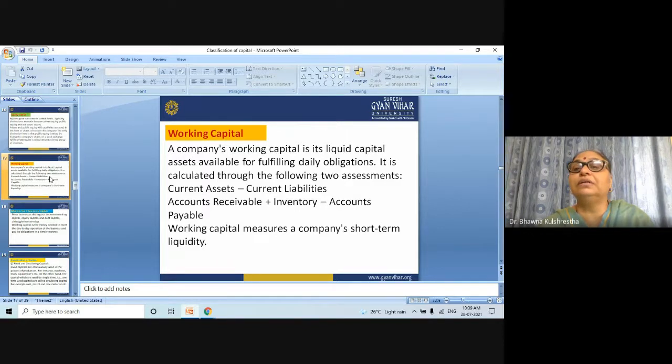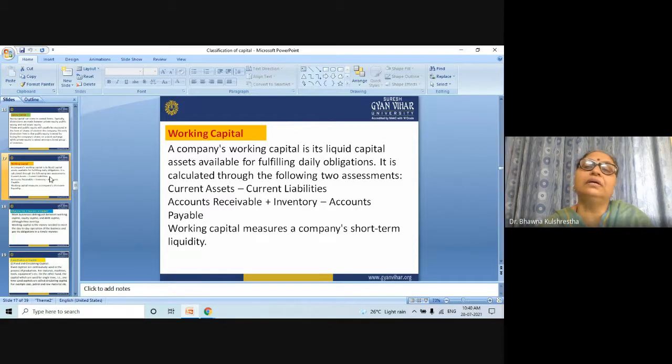Note that working capital is defined as current assets minus current liabilities. A company that has more liabilities than assets could soon run out of working capital.